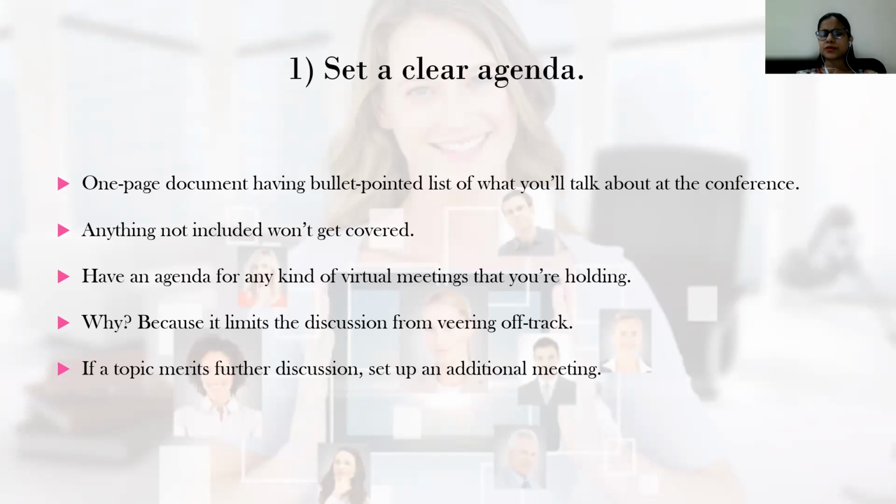Then you write the date, venue, and the location where the meeting is going to be held. Along with that, you also mention the time. Now be very specific, and clearly write the points along with the timing.